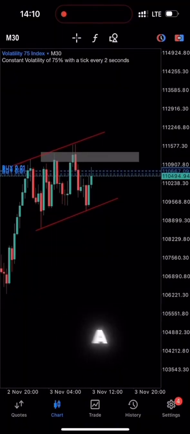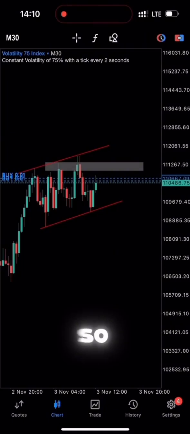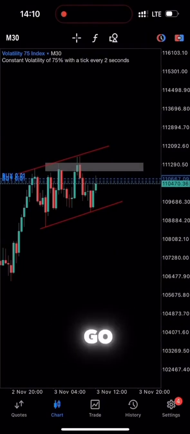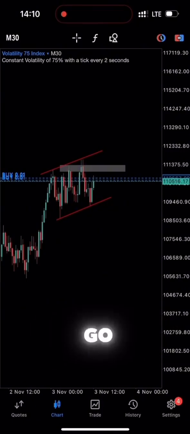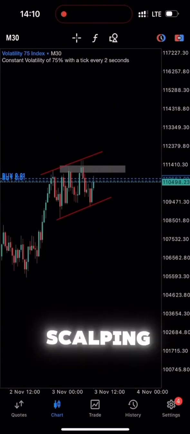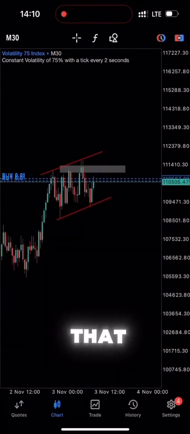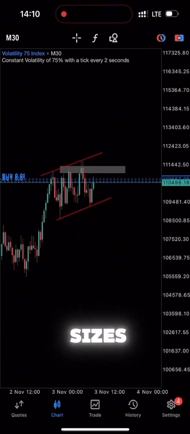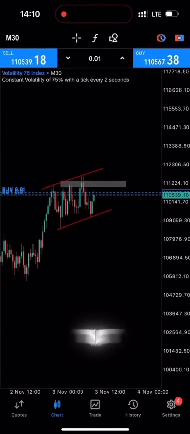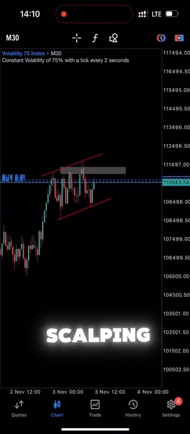I've put a lot of positions, which means let's not go the wrong way, otherwise the account will go kaboom. So by the time it reaches the S, I'm just scalping to raise the account so that it accumulates more lot sizes and more positions, so that I get more profit. It's scalping 101, scalping by Sage.